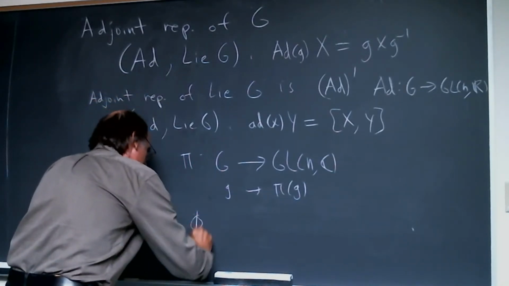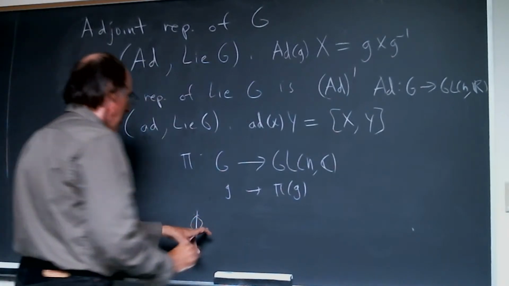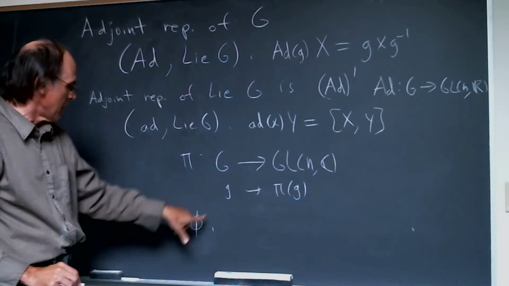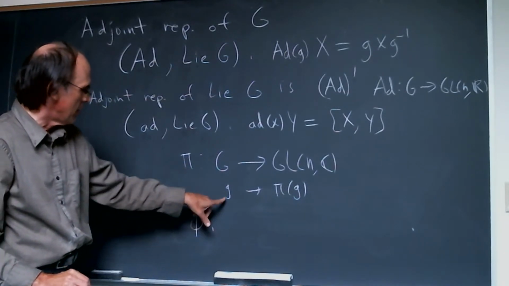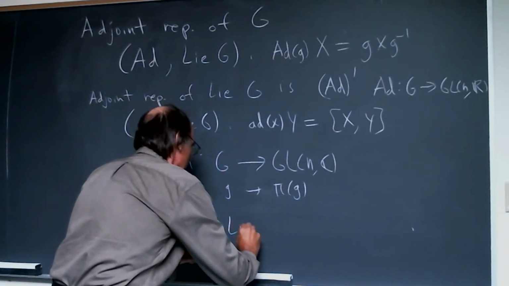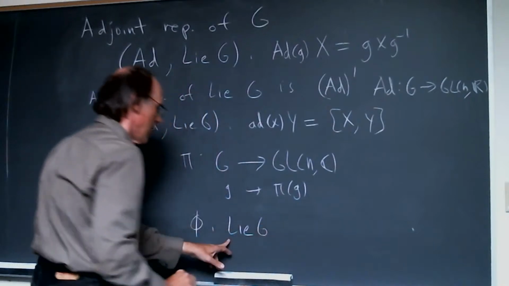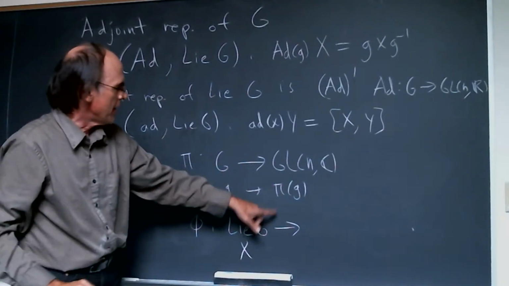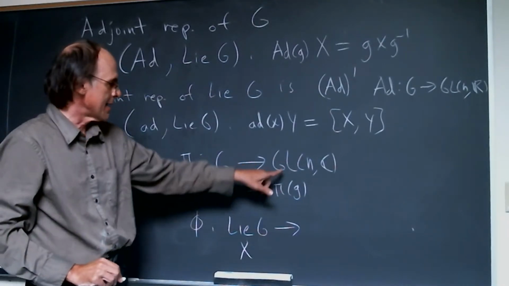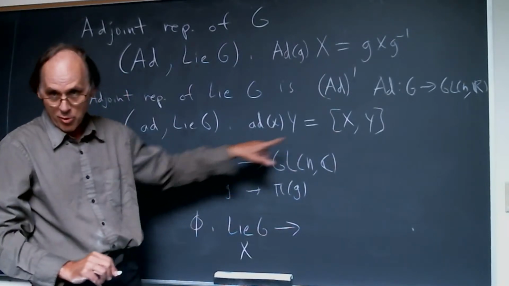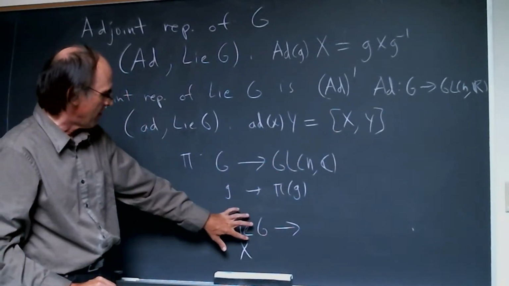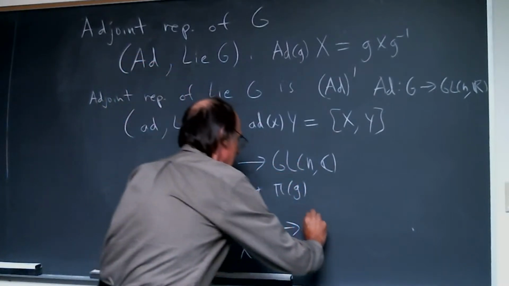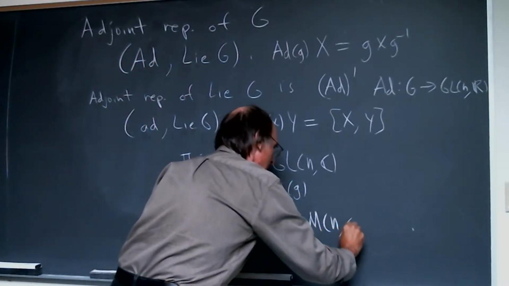A Lie algebra representation is something you feed Lie algebra elements: you take Lie G, and it's going to take X and go to, now, not invertible matrices. You're not taking one group to another. It's not a group homomorphism. It's just a linear map from this vector space to this other vector space, and the vector space is the Lie algebra of this guy.